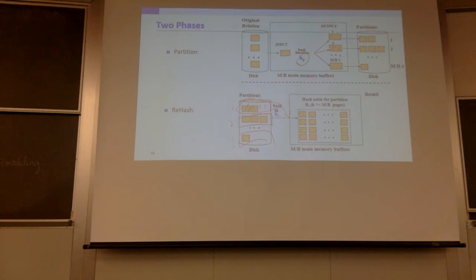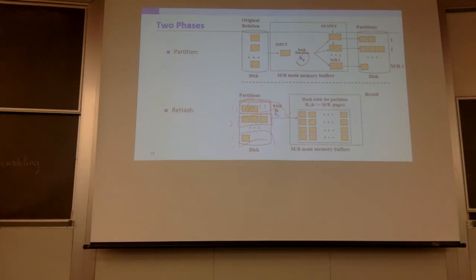Remember this HR should be different from HP, and usually you require them to have nice properties so that the hash value assigned by HR is totally independent from HP. That's where this two-wise independence might come into play, right? So the key thing is HR could assign totally different hash values to each of the groups in your first partition, instead of the hash value 1. Then you just build an in-memory hash table for those tuples, right?